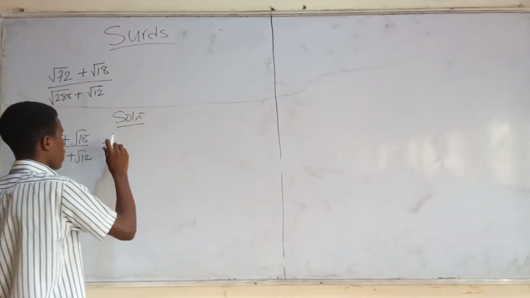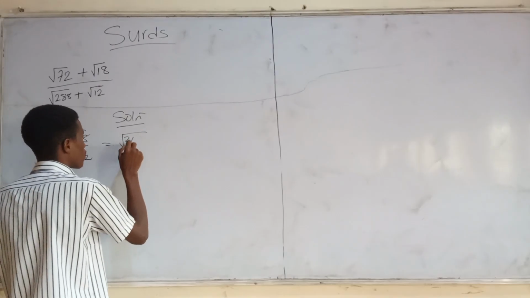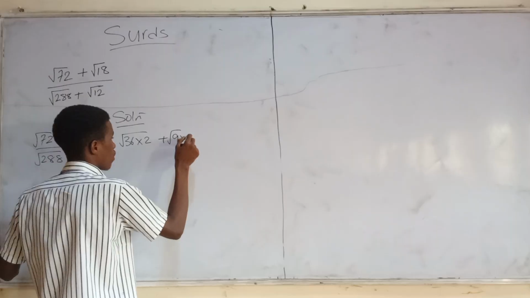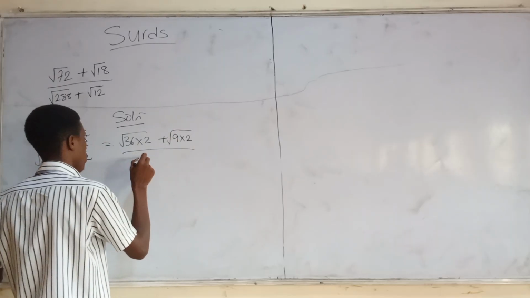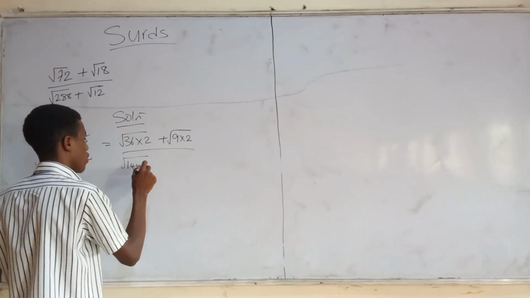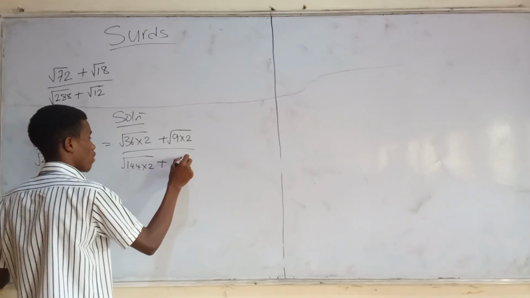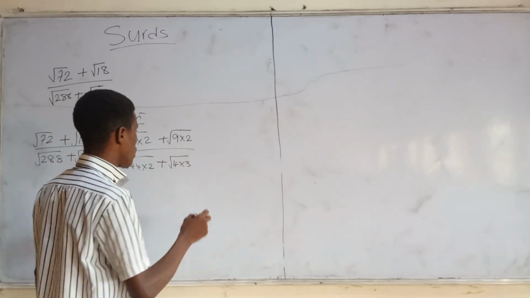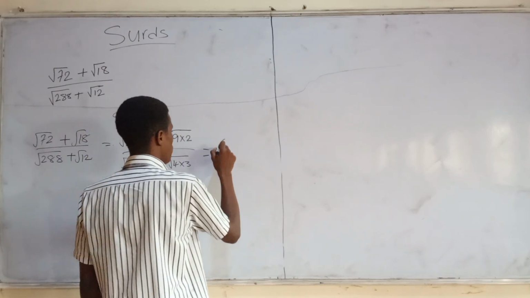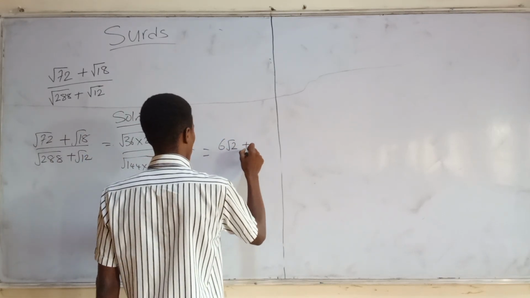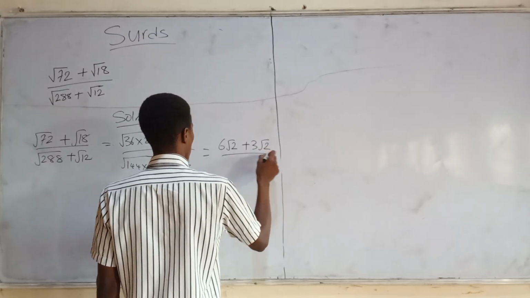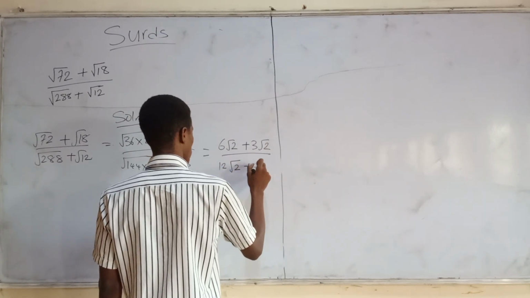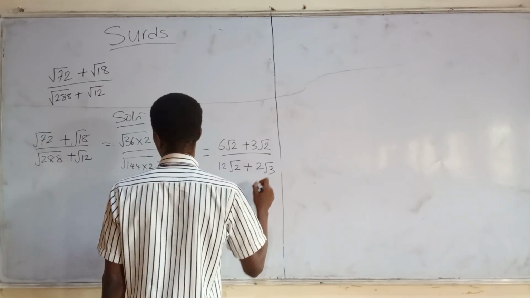There's no rule that says all of them must be the same, no. So here we have 6 root 2 plus 3 root 2 over 12 root 2 plus 2 root 3.